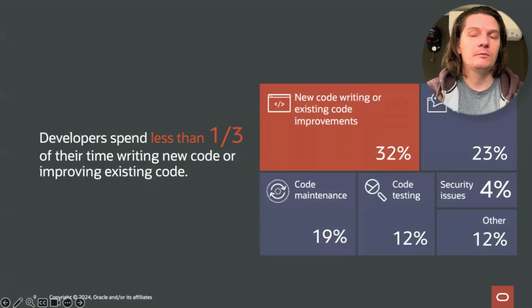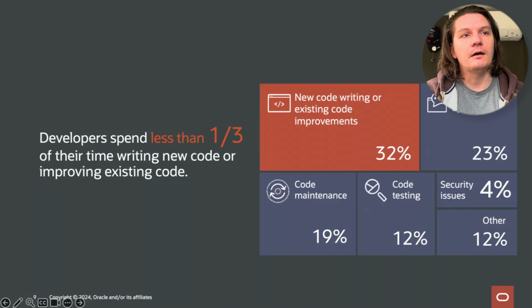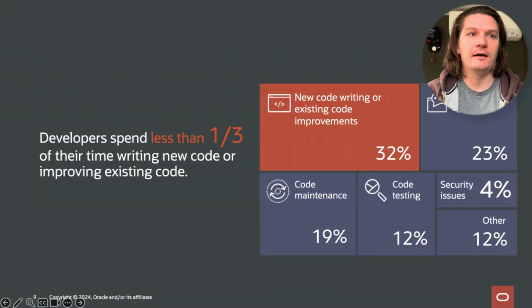So it's quite hard to keep up with the rise in expectations. Developers like yourselves, and anybody that builds any solutions, are facing the challenge that you can't spend enough time to actually do the things that you love, which is writing code and improving existing code.